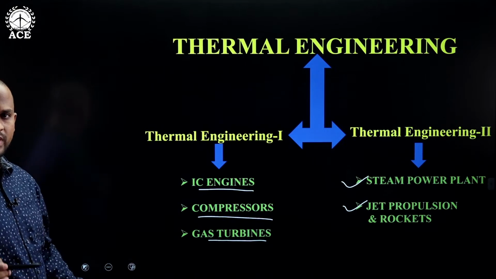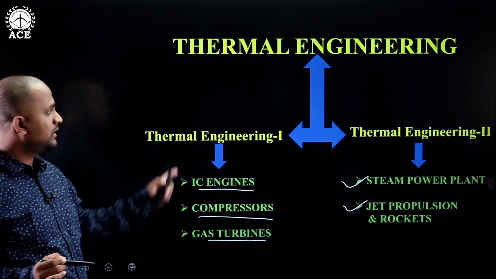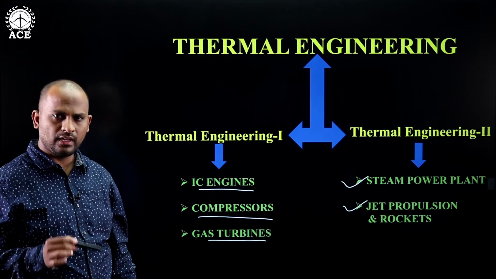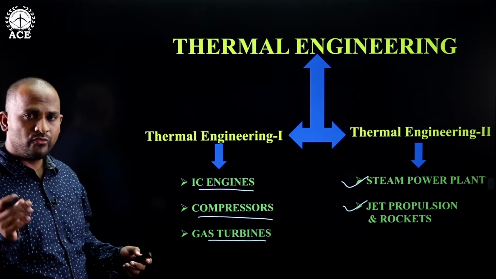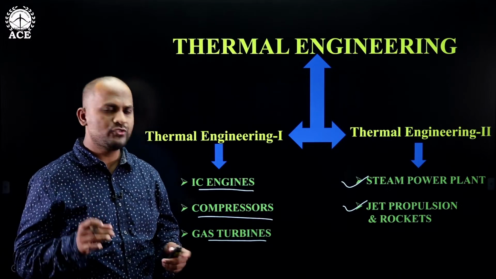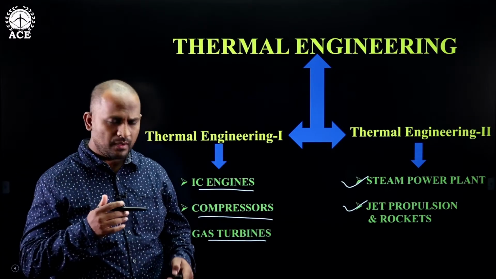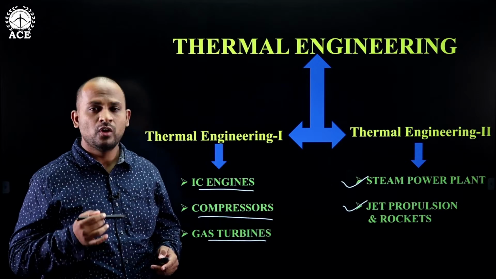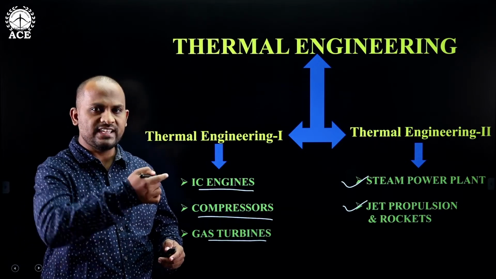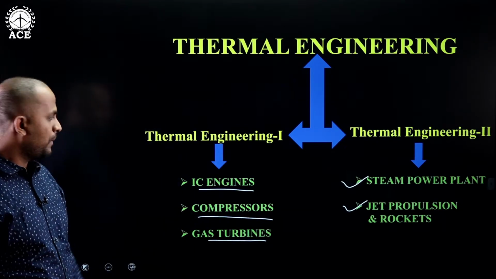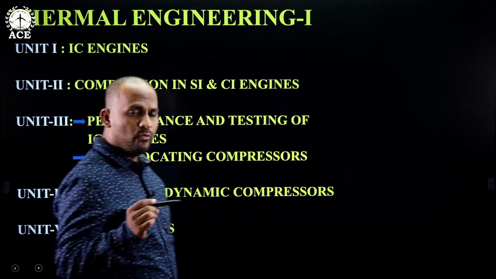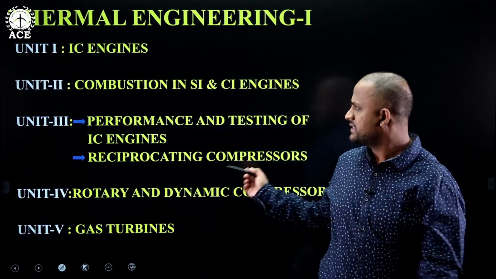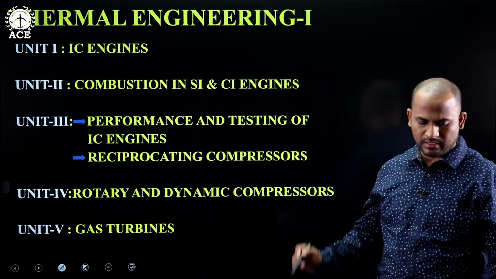So these are the various systems present in thermal engineering 1 and 2. Whatever the system may be, we have to apply the thermodynamic concepts to the systems. Then by proper understanding of the system, we can analyze the system to estimate the performance of a particular system.